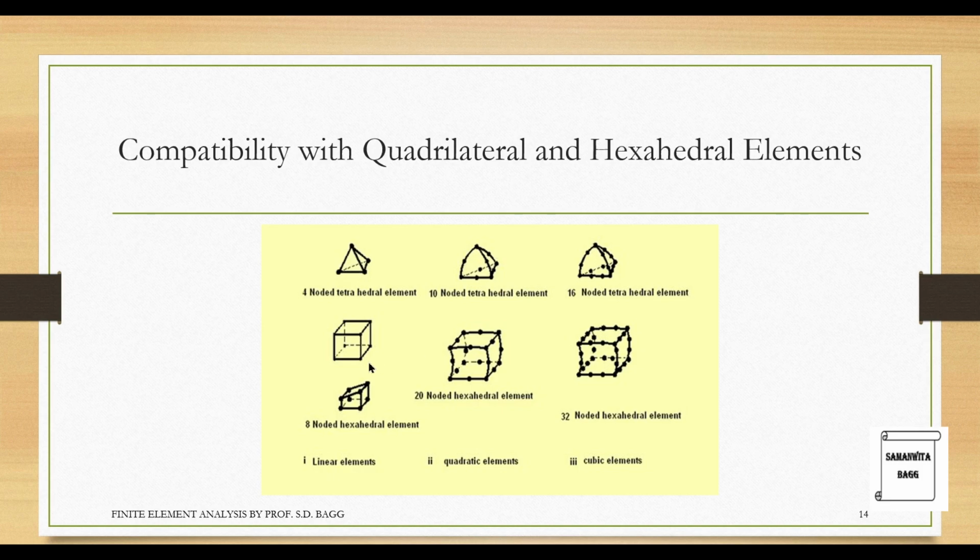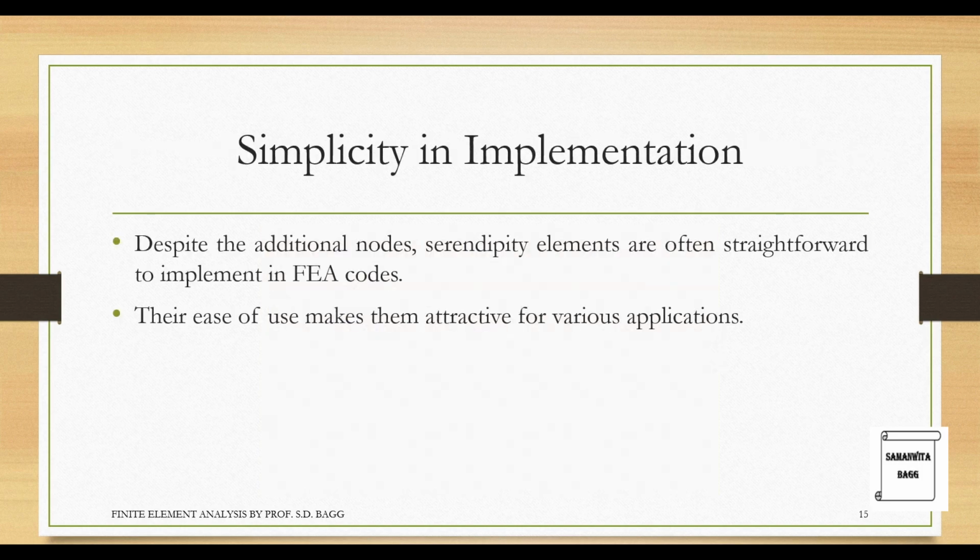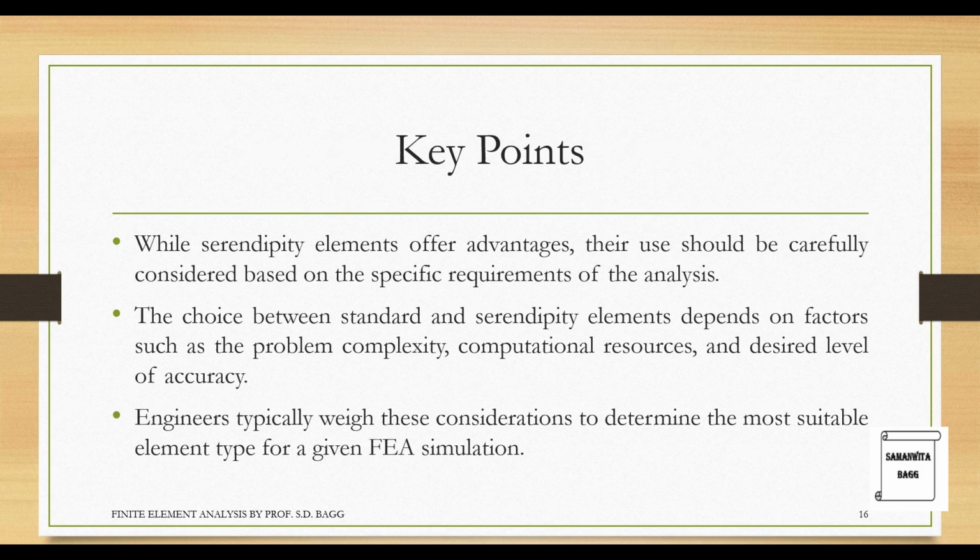One thing to note, as I have told you previously, is that there is no node at the center, and that is what serendipity element means. Next, simplicity in implementation. Despite the additional nodes, serendipity elements are often straightforward to implement in FEA codes. This ease of use makes them attractive for various applications.